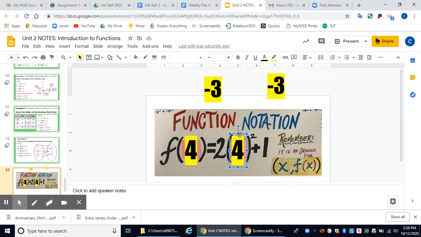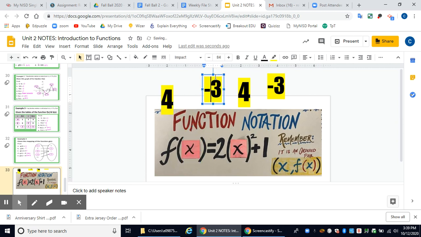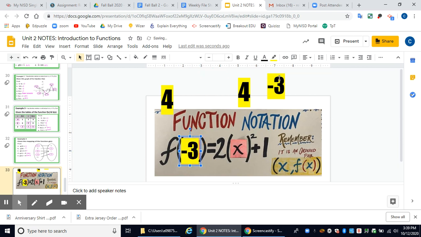Okay, so same thing, but now we're going to look at a -3. Okay, so here's the biggest thing. You got to really watch your signs. When you put a -3 in right here, you also would have to put it in on the other side, or any x value. So if I put that in right there, just be really careful. I always put these in parentheses because a negative times a negative is a positive, but if you put it in the calculator wrong, it'll give you the wrong answer, so be extra careful there.